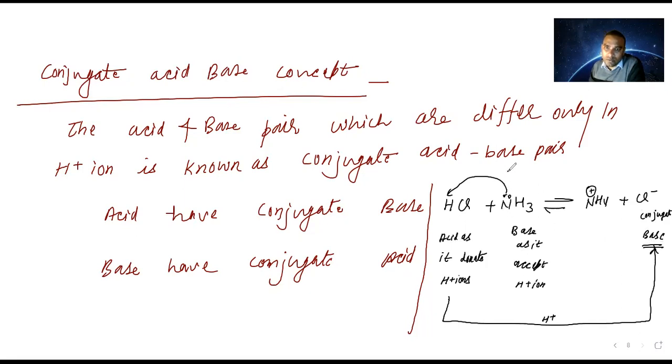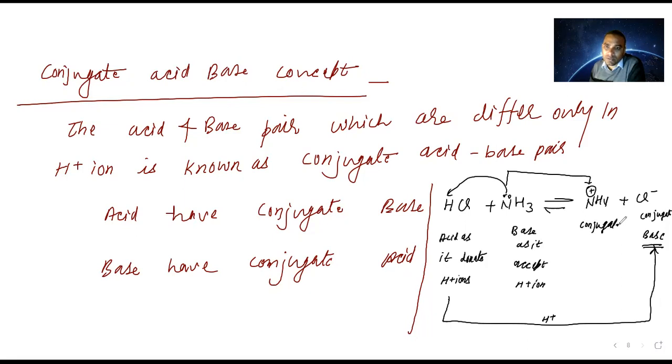Now HNO3, you talk about HNO3. Here ammonia is accepting H plus ion. So it was a base that accepted, and that is going to be the conjugate acid.